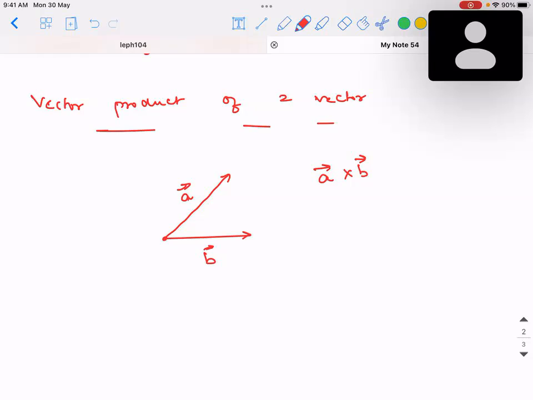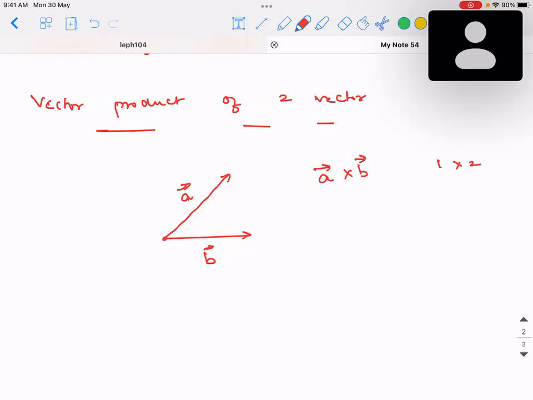To make it more generic, instead of A cross B, we will write it as first vector cross second vector. The meaning of it is, from the first vector, you need to take a turn towards the second vector in the shortest, not small, shortest direction possible. So please make a note of it, write it.